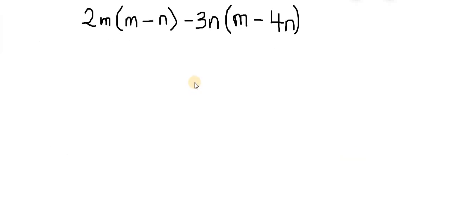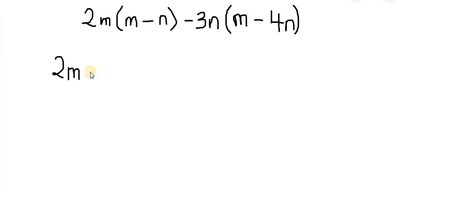Okay. And finally, once again, 2m bracket m minus n minus 3n bracket m minus 4n. We open the brackets. What's outside multiplies everything inside.